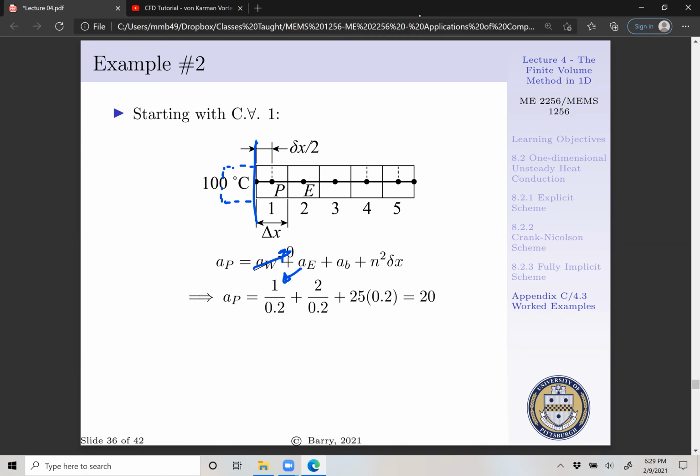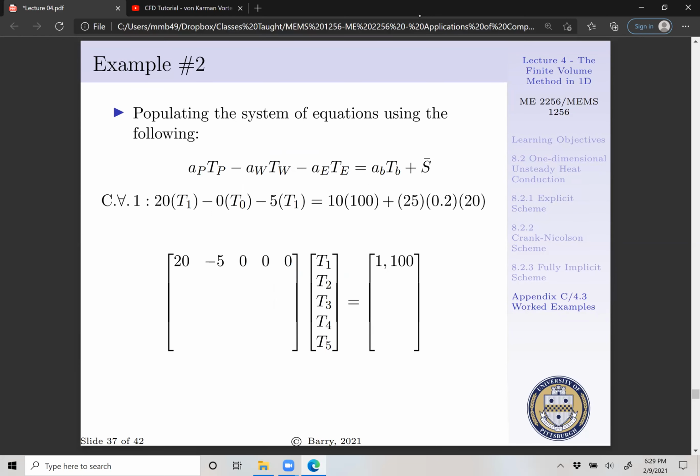A boundary is just 2 times A east, so you'd have 2 per 0.2. And our n squared delta x becomes 25 times 0.2. And recall, this guy was due to the fact that we had the n squared delta x TP hanging out. So AP is equal to 20 in this situation. So we're going to populate 20, and A east is -5.